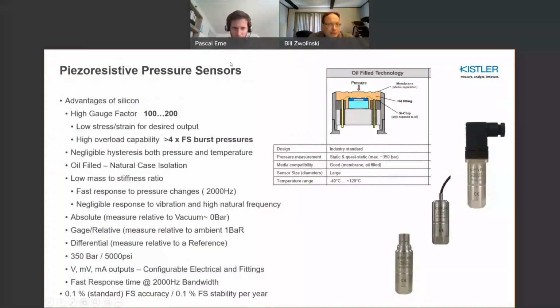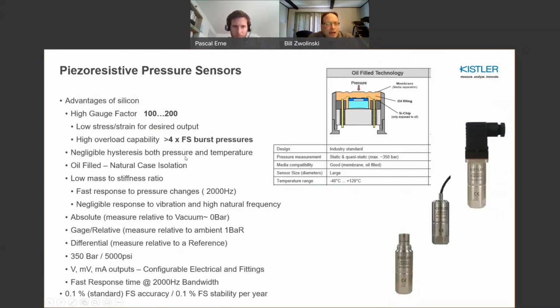So with piezo-resistive sensors, some of the silicon-based technologies, which are oil-filled, have very high burst pressures, very high gauge factors compared to traditional bonded foil strain gauge. So I would say, even though something is called strain gauge or piezo-resistive, really take a close look at the parameters themselves, because a lot of these really help the measurement. Because in my experience with measurement, you can always have a bad day.